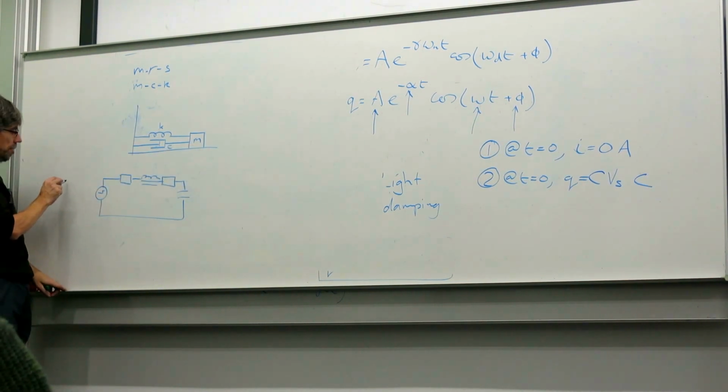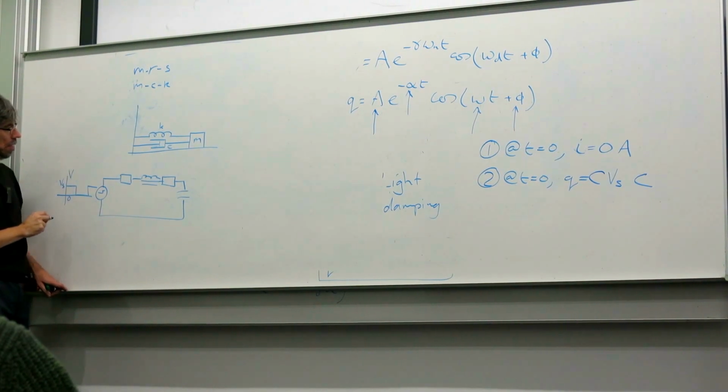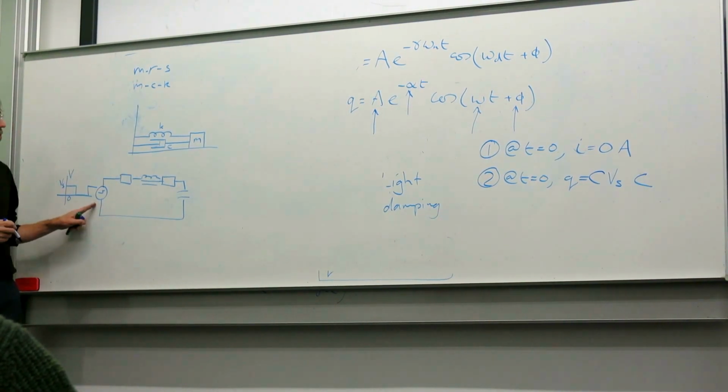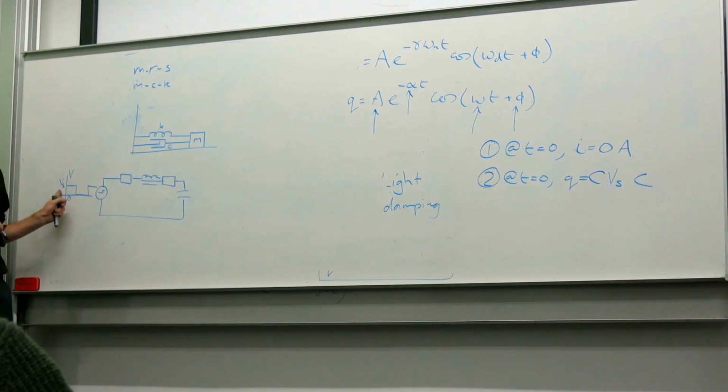So here we had it between, let's say, Vs and 0. So we need to work out what's the equivalent of a square wave in the mechanical case. So this is a voltage. What's the mechanical equivalent of voltage?